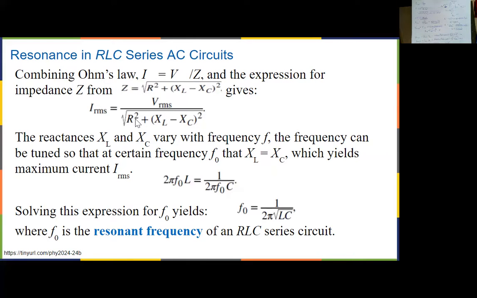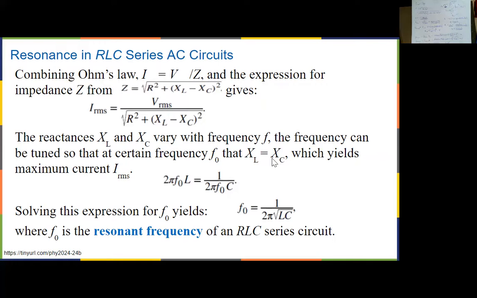That doesn't change with your frequency. The resistance will not vary with frequency, but those two reactances vary with frequency. So you can tune your frequency so that these two are equal to each other. In that case, you'll have the minimum value of your denominator as R, and then you'll get a maximum current, okay? So this is what you would have.